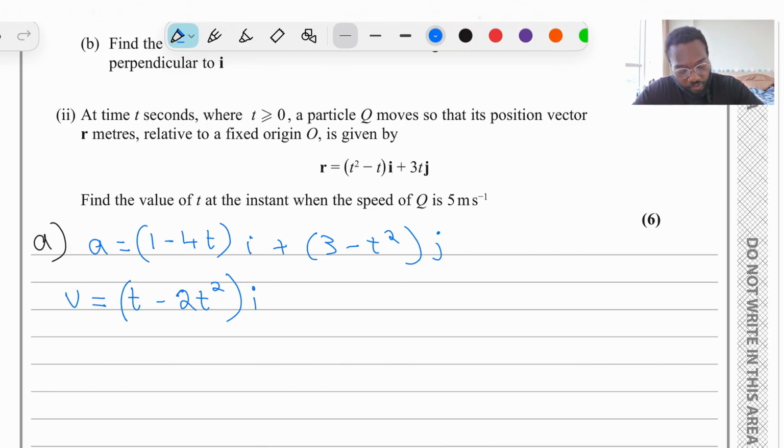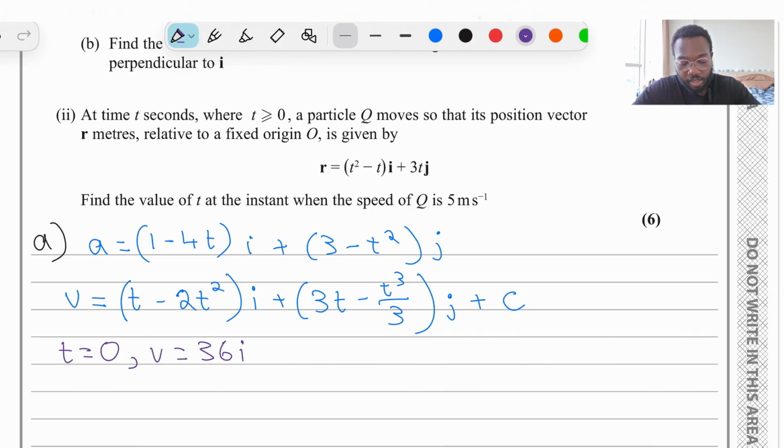Then we do the same thing for the j's over here: 3 minus t squared. If we integrate all of this, we get 3t minus t cubed over 3, and this is all still going to be j. And then we're going to have a plus c because we're integrating, we're going to have a constant value. Now in the question, because they tell us that when t is equal to 0, our velocity is 36i, we can use that now.